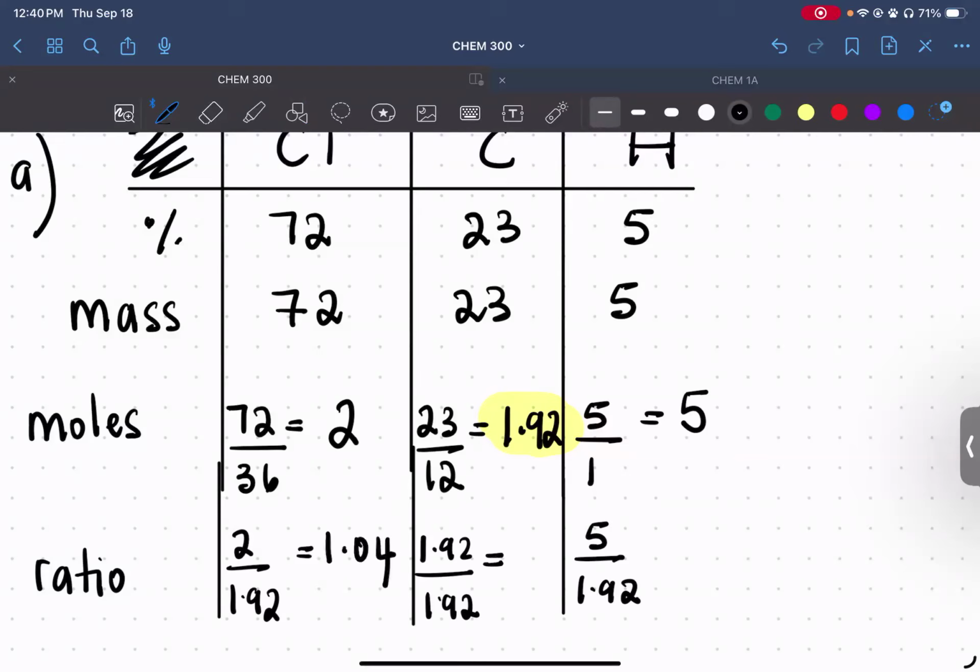Any number divided by itself is 1. And then 5 divided by 1.92 is 2.60.